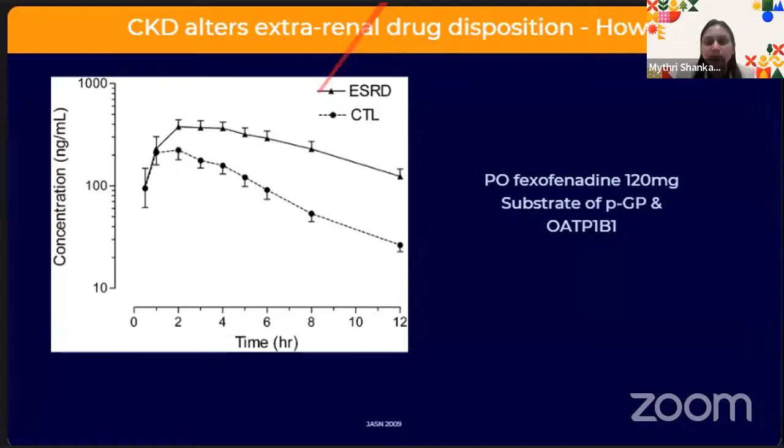So you can see here that the Cmax, Tmax, area under the curve, and half-life have increased in end-stage kidney disease patients compared to control, while the drug clearance has decreased. So this means that there is an increase in absorption, probably because the efflux transporters are not working very well. So these efflux transporters are inhibited by these uremic toxins.